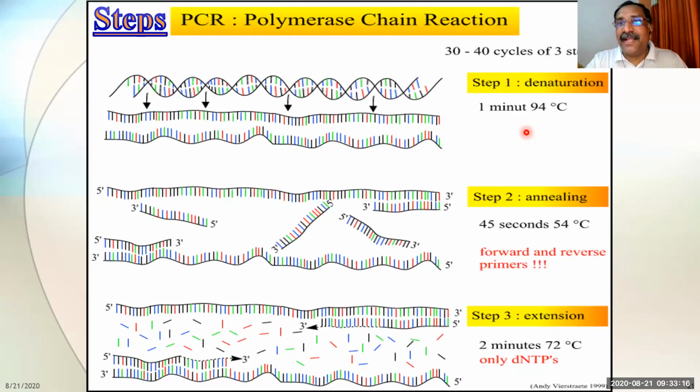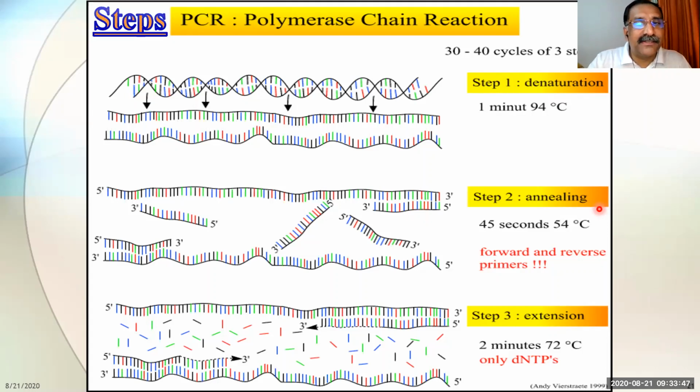So for executing step number 2, you have to bring down the temperature from 94 to 54. Okay, 94 degrees to 54 degrees. During that time, the primer will come and pair with the corresponding area. And this pairing of primer is called annealing.